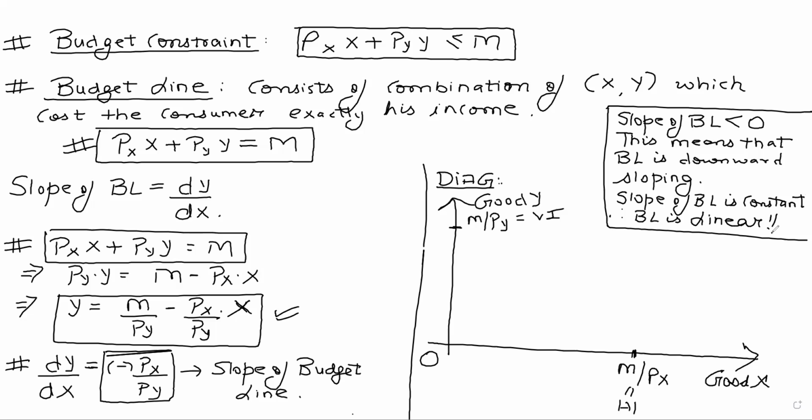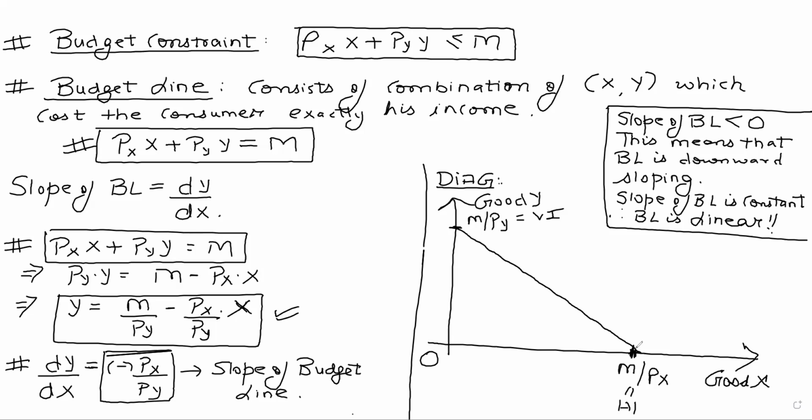All students should know from high school mathematics and basic calculus, when the slope is constant, it means that the line is linear. So two things we learned: the slope of the budget line is constant and the budget line is downward sloping. Now if I combine these two and join my horizontal intercept and vertical intercept, I get my budget line.